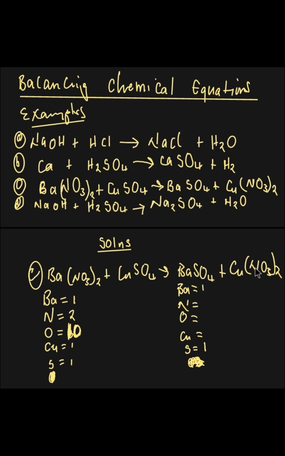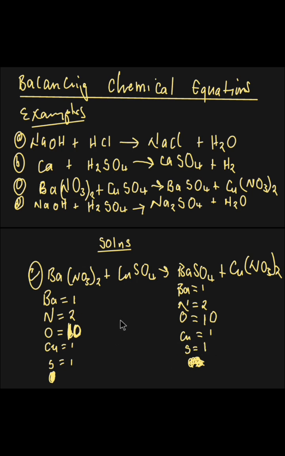So you have N, and remember there are these brackets, so you have 2. And then when you come to oxygen, you have 3 times 2, which is 6, plus 4, you have 10. This one also seems to be already balanced. So copper, you have 1.